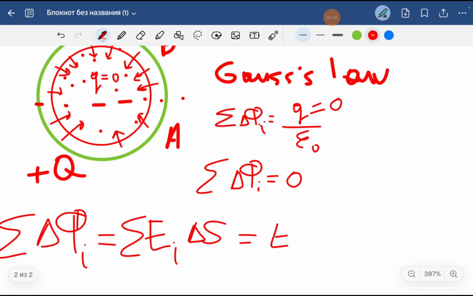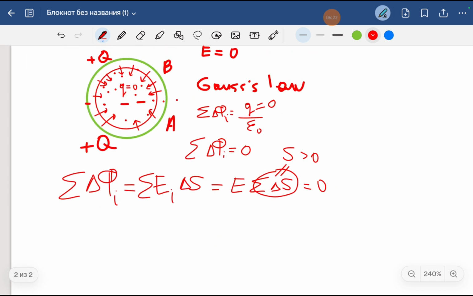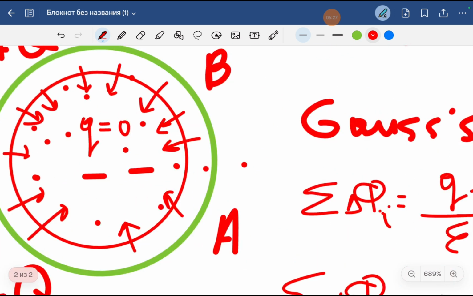Thus, the flux is equal to the product of electric field strength and the total area of the sphere. The area of the sphere is not zero, but the flux through it is zero because there are no charges inside the sphere. This means that the electric field strength on the surface of the sphere is zero.